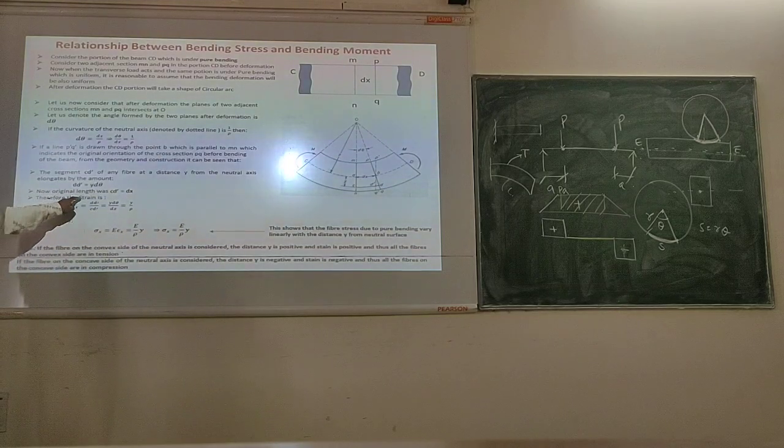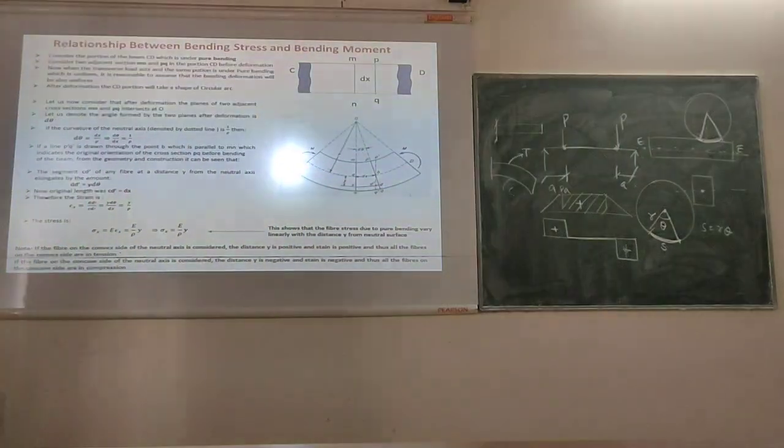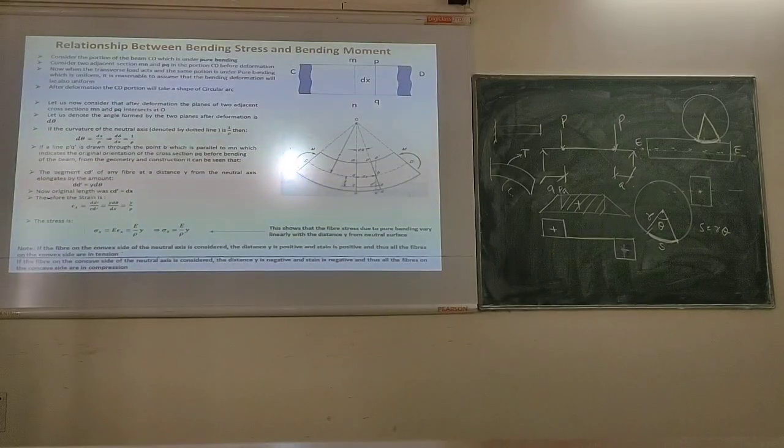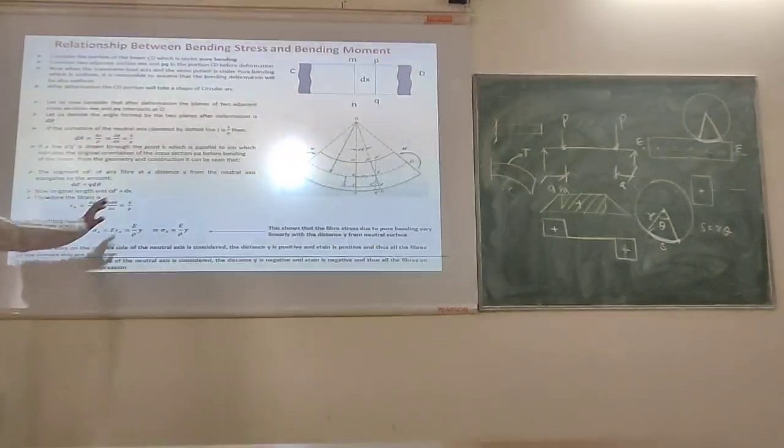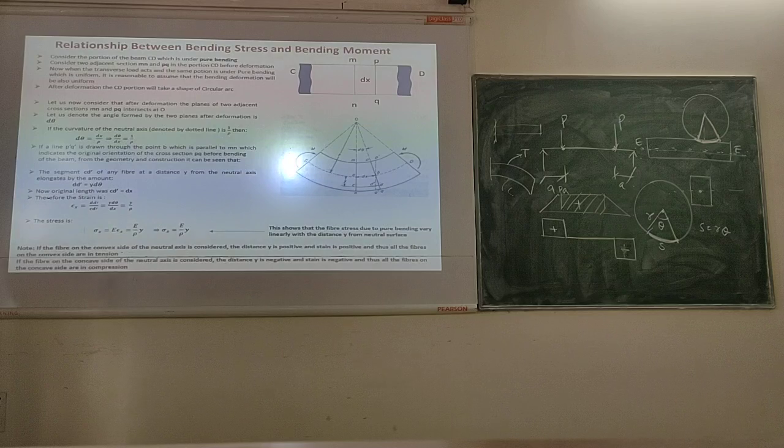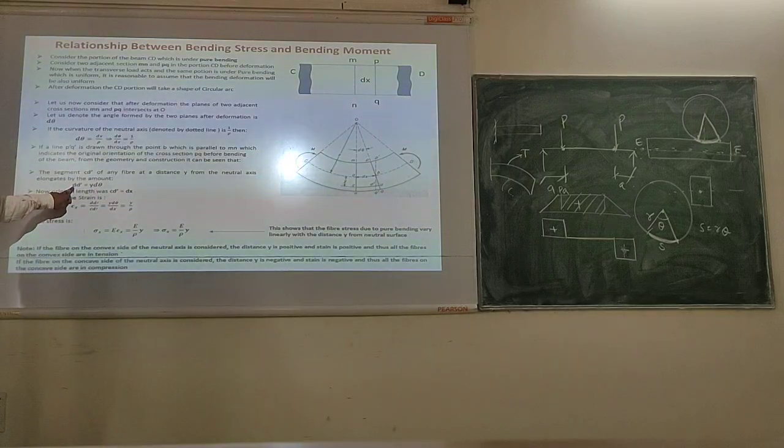So now, how much was the original length? CD. So what is the length? dx. So original length was dx. So what is the extension? d dash.